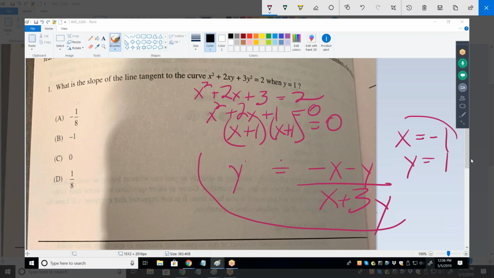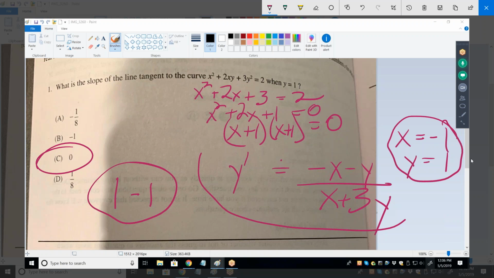So now we can plug both of those into our differential equation. So then it's negative 1 plus 1, which is 0. Don't even care what the denominator is. Yeah, so it's just 0.